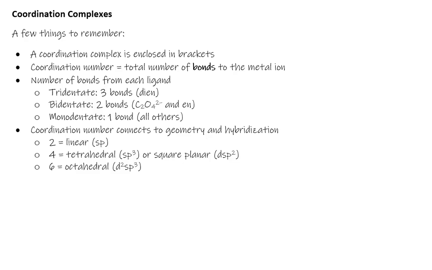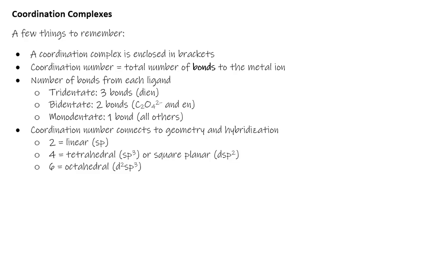And those complexes that have a coordination number of 4 have 2 options for the geometry. They may be either tetrahedral with an sp3 hybridization or square planar with a dsp2 hybridization. How do you know the difference, whether the complex is tetrahedral or square planar? It mostly goes beyond the scope of this class.